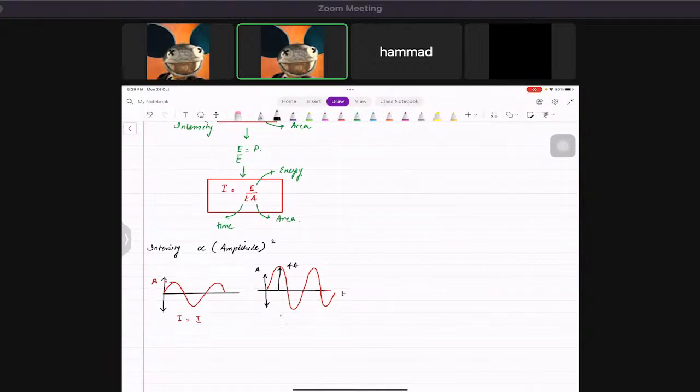So the intensity would be, because it is the square of that, 16I. Do you understand what I mean?